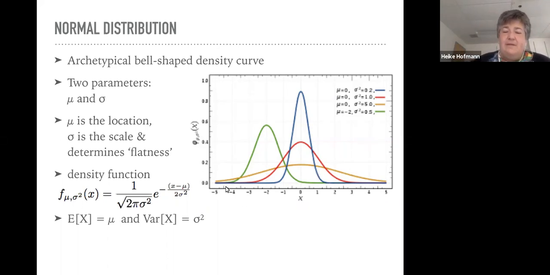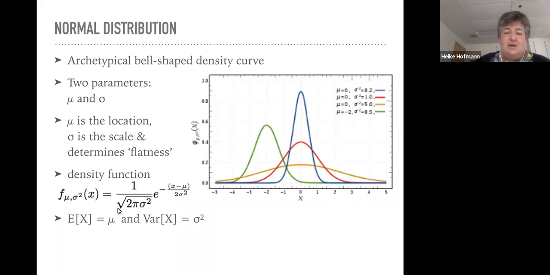So the general form of this curve, of this density, is given by essentially this exponential expression. So we've got a centering value of 1 over the square root of 2 pi sigma squared. When you have a look at this, this is just a constant.